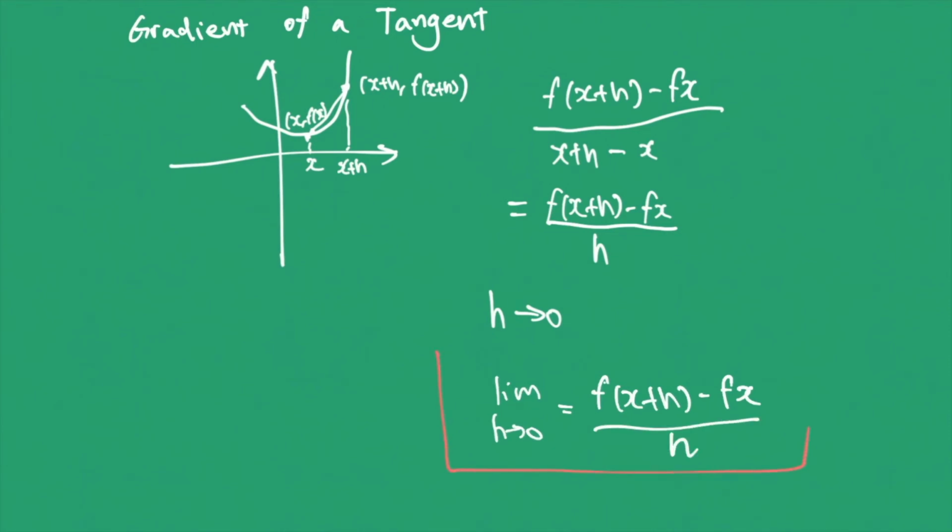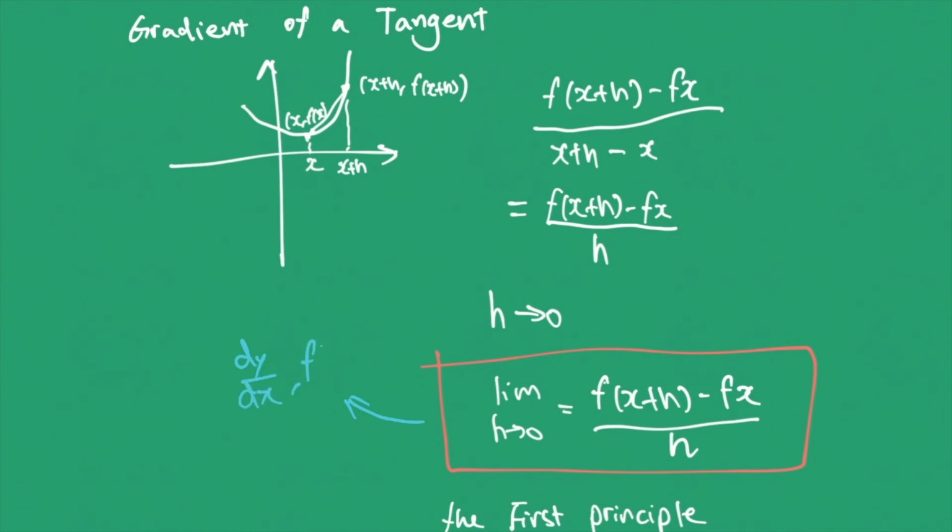So this is how we find the derivative function of a tangent. We call this the first principle. It can also be written as dy over dx, the derivative of y with respect to x.